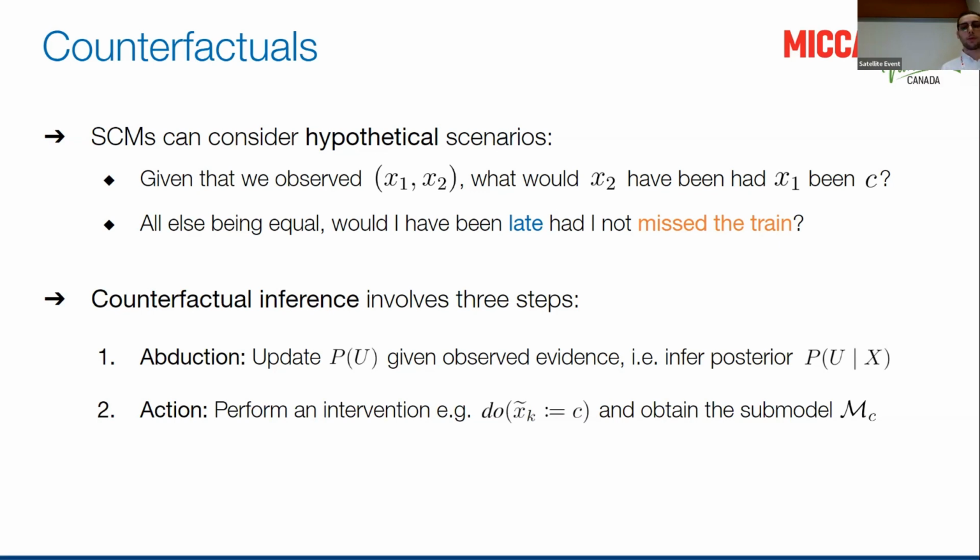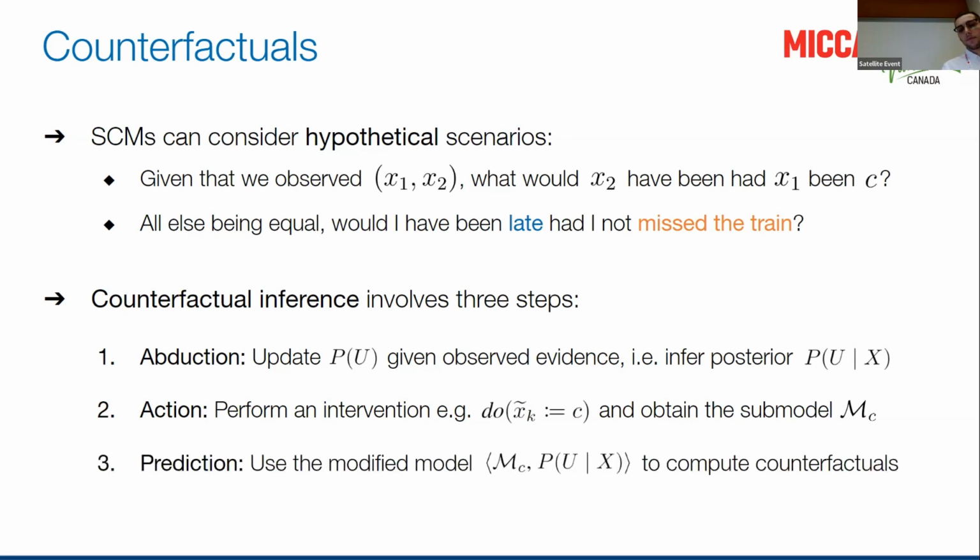This is where we perform an intervention or choice. We may set the value of one or more of the variables in the graph to some constant, some new mechanism that we decide, and we obtain this submodel M subscript c. The final step is to use this model to compute counterfactuals. You can think of this, in combination with the posterior distribution from the abduction step, as simply a forward pass through this graph.